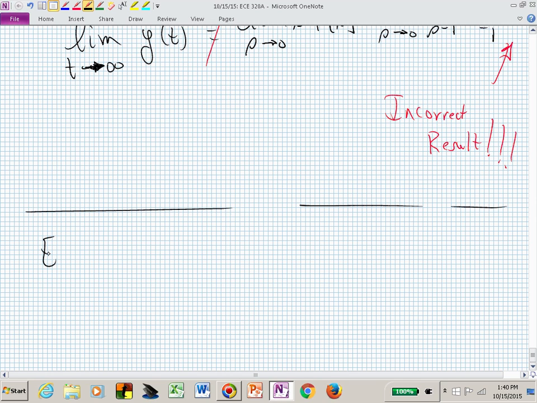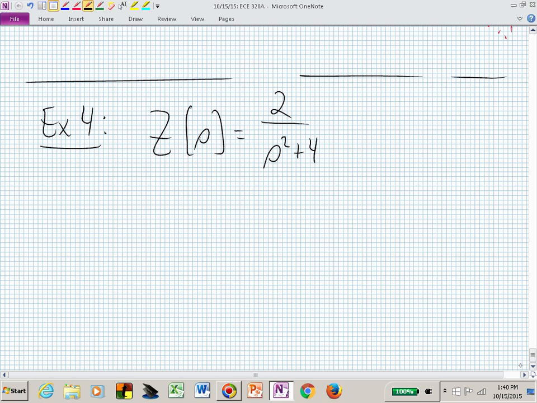Suppose now I give you the following. I say capital Z of s is 2 over s squared plus 4. And I ask, what's the final value of little z of t?